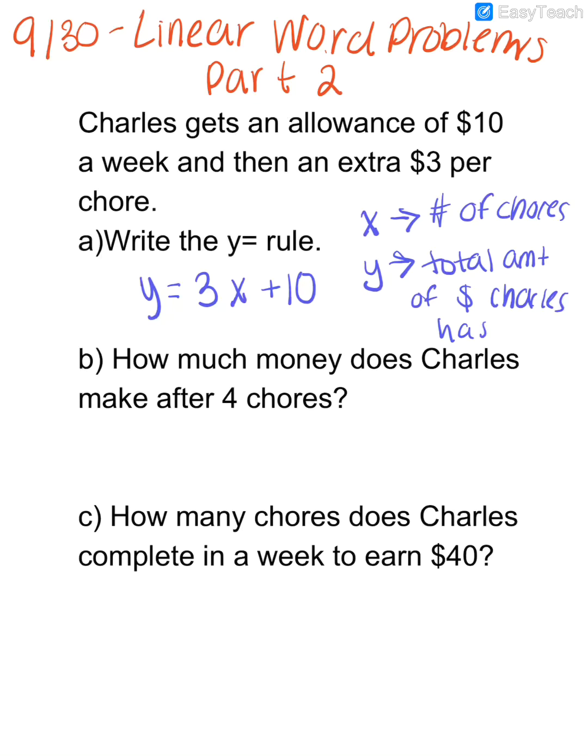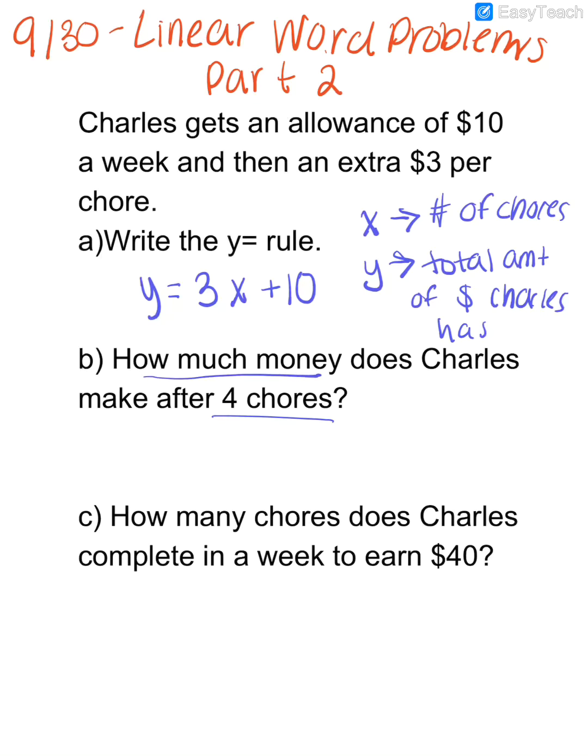So now it's going to ask, how much money does Charles make after 4 chores? So we're going to take a second and think, well, it's asking about 4 chores. Which variable is the number of chores Charles does? Right, so the number of chores Charles does is x. And we want to know how much money he makes after that.